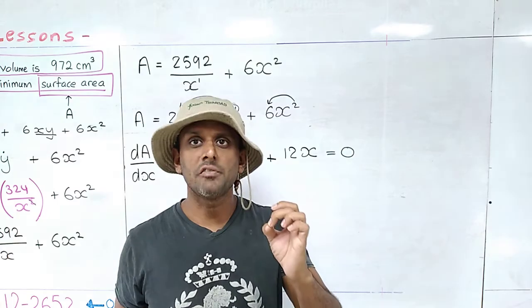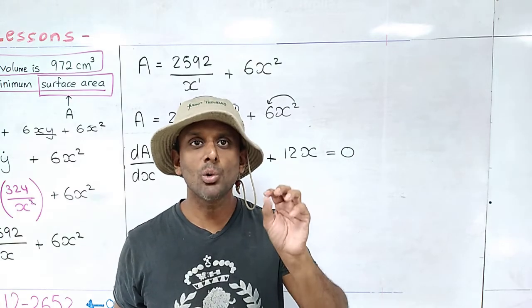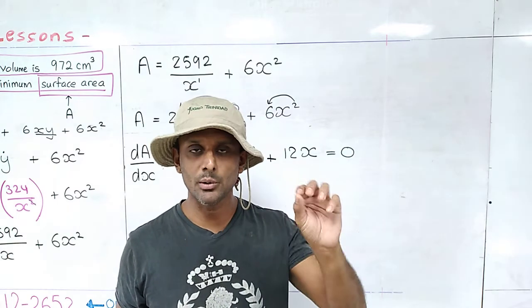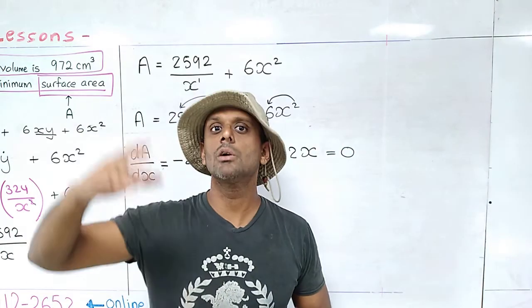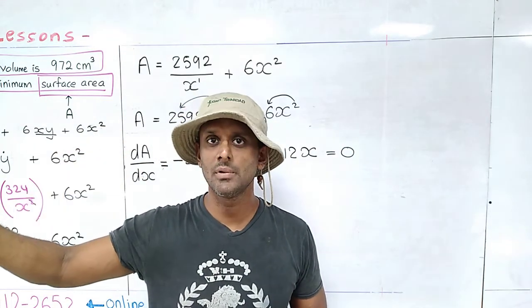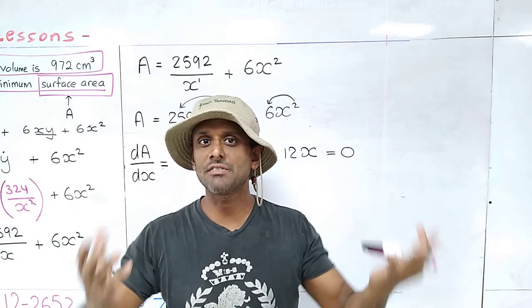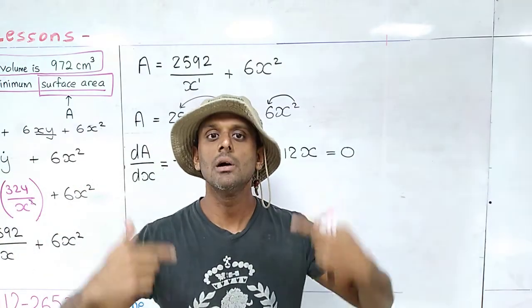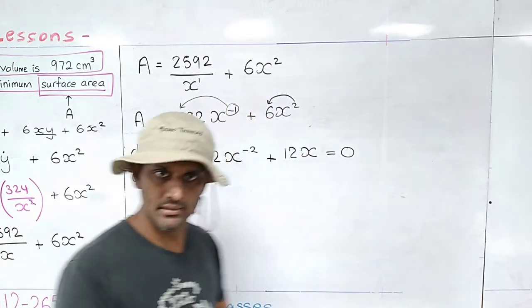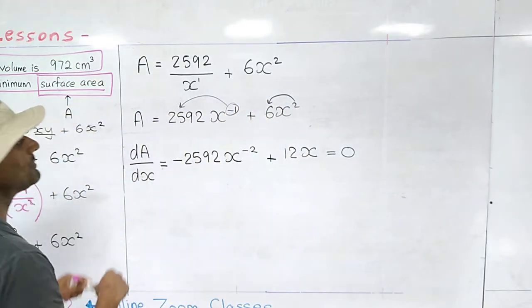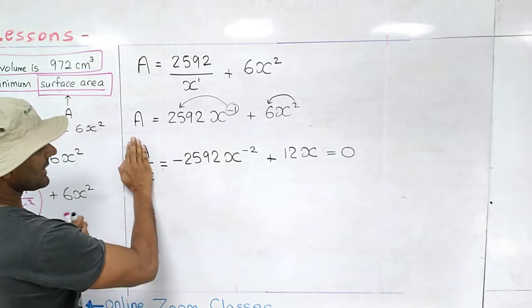When you get the values of x, you don't know whether that value of x will cause a maximum or whether it will cause a minimum. To figure that out, you have to differentiate one more time. And I will say it over again in a little while. So let's solve for x here, right?